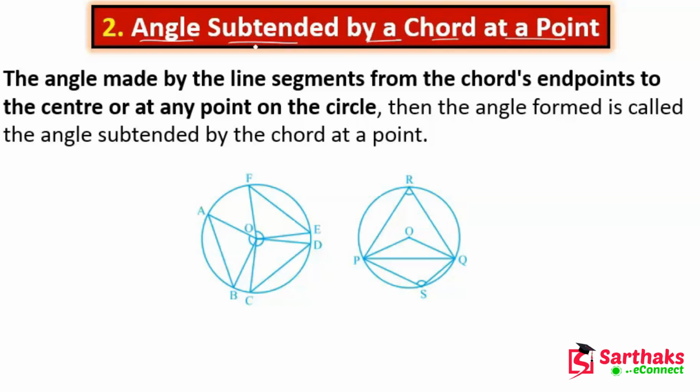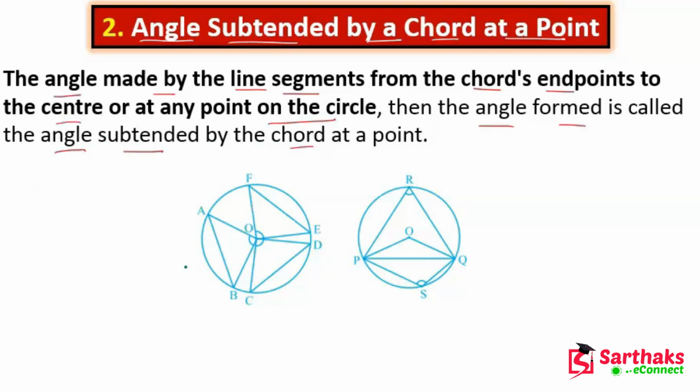The angle made by the line segments from the chord's endpoints to the center or at any point on the circle is called the angle subtended by the chord at a point. I hope you understand these things.